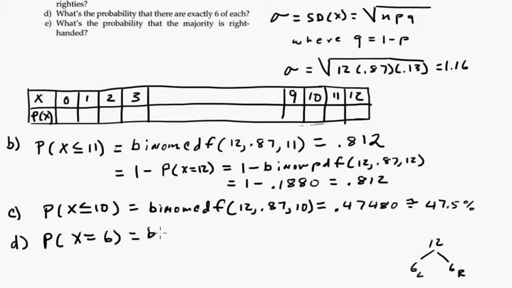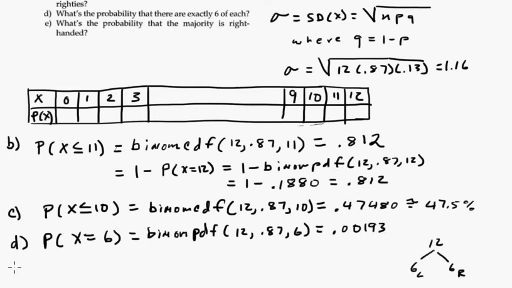So that's just binom PDF of 12, 0.87, 6. Okay, so that's going to turn out to be a small number, 0.00193.